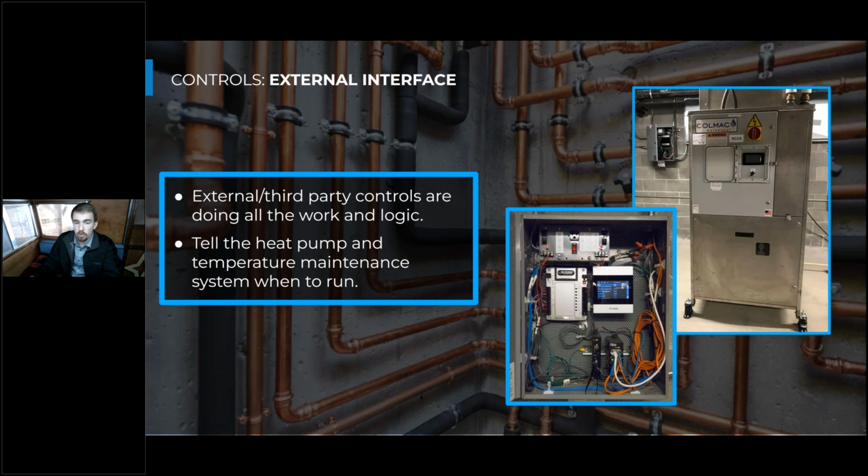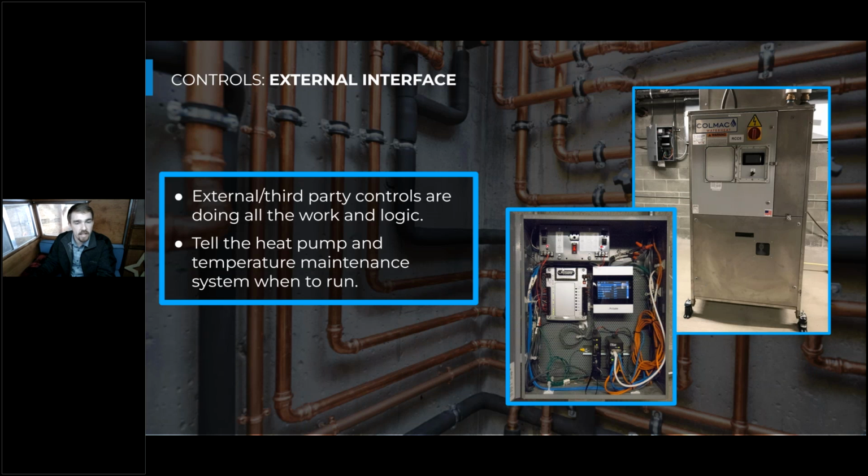So it's super important, if you are using this external controller, to make sure that that contractor is working really closely with the engineer and the manufacturer or their rep to make sure that the controls jive with how the manufacturer wants this heat pump to be run to make it reliable and efficient.